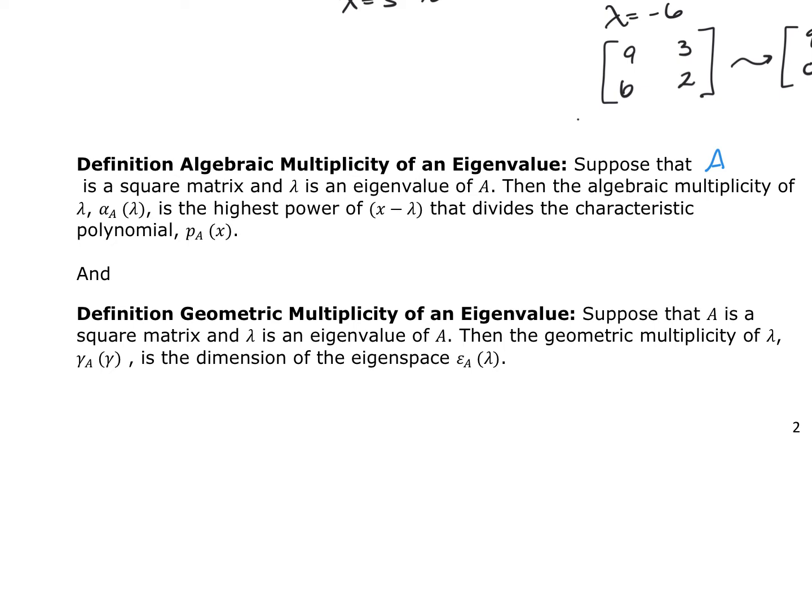The algebraic multiplicity of lambda, alpha sub A of lambda, is the highest power of x minus lambda that divides the characteristic polynomial.